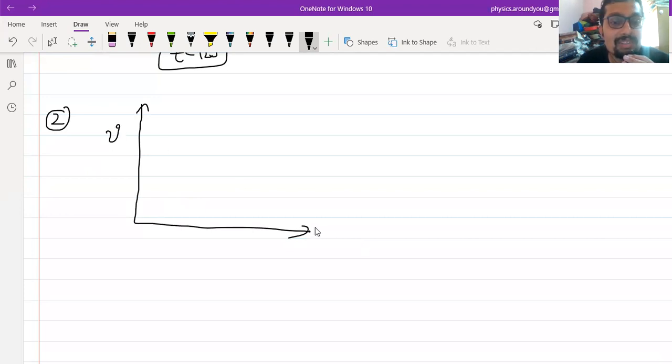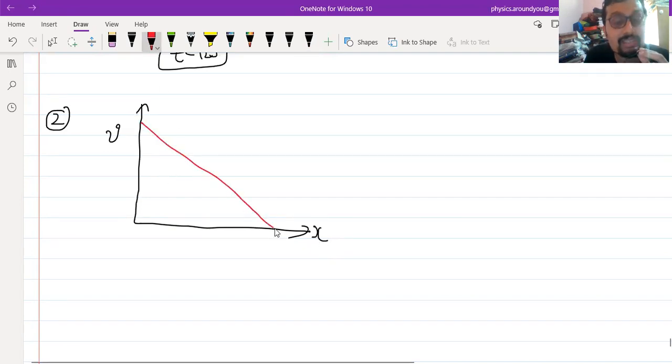A velocity versus position graph is given. Till now you are familiar with velocity and time graphs, but here I have played a bit more. I have given you a velocity and position graph. It looks something like this. A straight line.